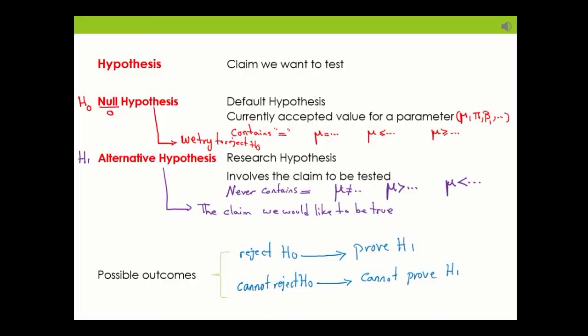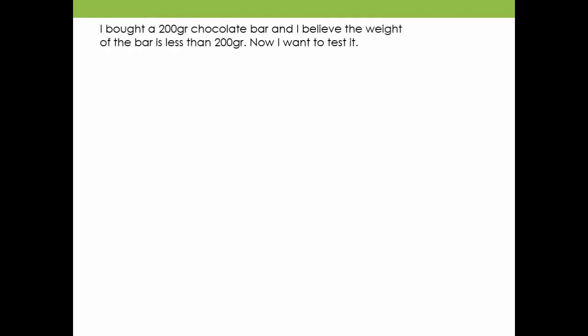Assume that I bought a 200-gram chocolate bar, and I believe that the bar is less than 200 grams. Now I want to test it. So the new claim, the thing that I want to show, is that the mean is less than 200 grams.